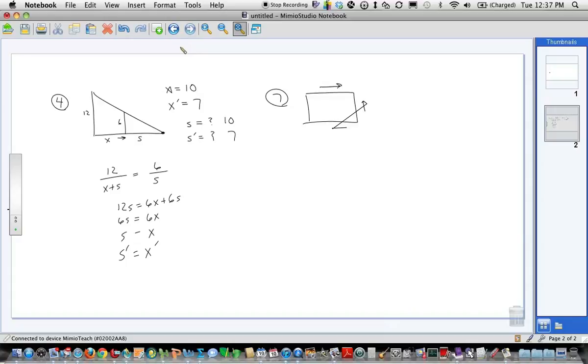Aren't both sides increasing? Both sides are increasing. So again, kind of like dragging with your mouse and lengthening one side, lengthening that side.